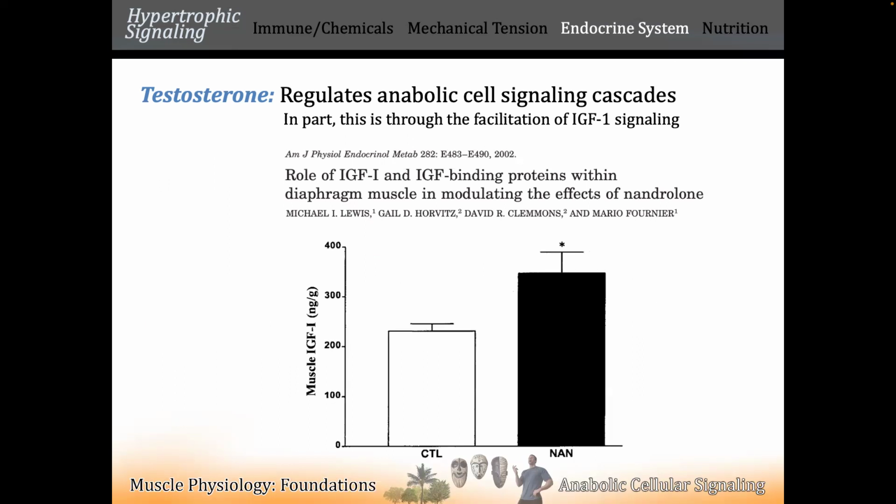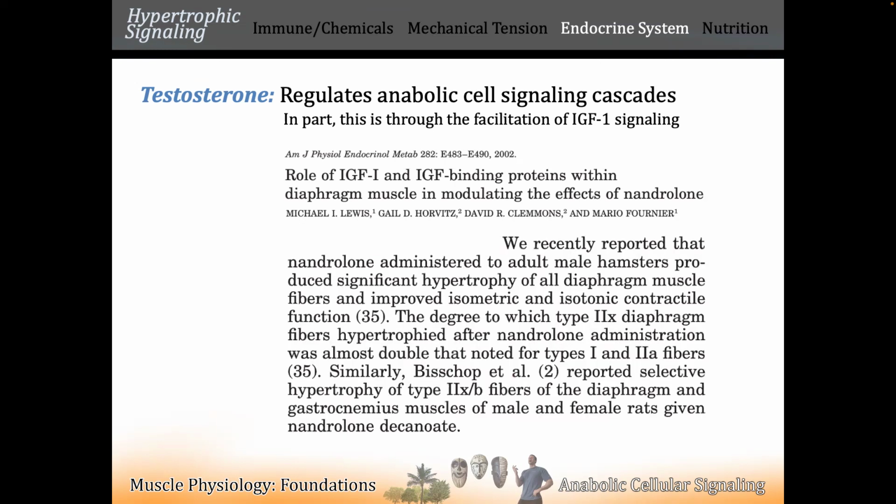And just a comparison of IGF-1 levels in the control group there on the left, the white bar, to the group that received nandrolone, an anabolic steroid, on the right: much more IGF in that group. And this study was just looking at hamsters.